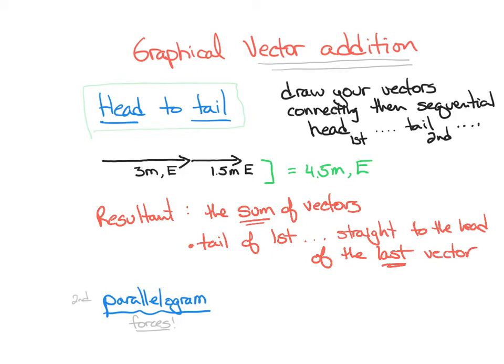And sometimes that gets a little complicated. We'll do some examples of this, but it's a straight line from the tail to the head of the last vector. And it has a direction to it, right? And so we'll do an example of that.